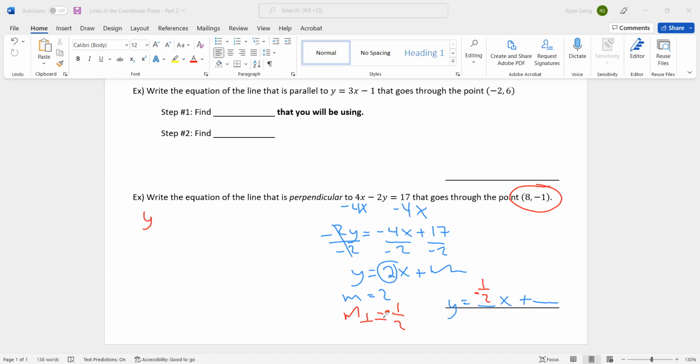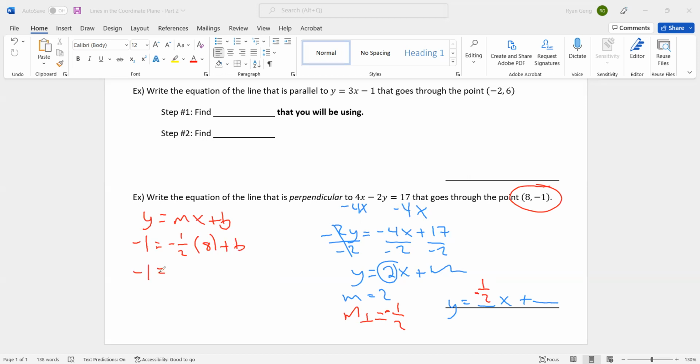So y equals mx plus b. The y value is -1. The slope is -1/2. The x is 8. And b is what we're looking for. -1/2 times 8.